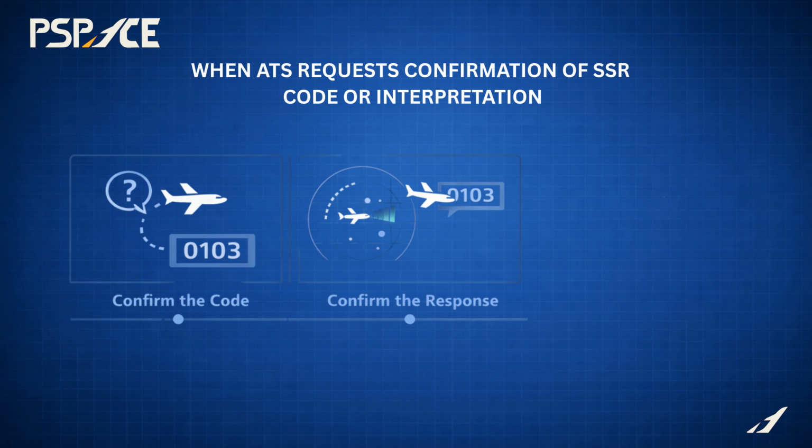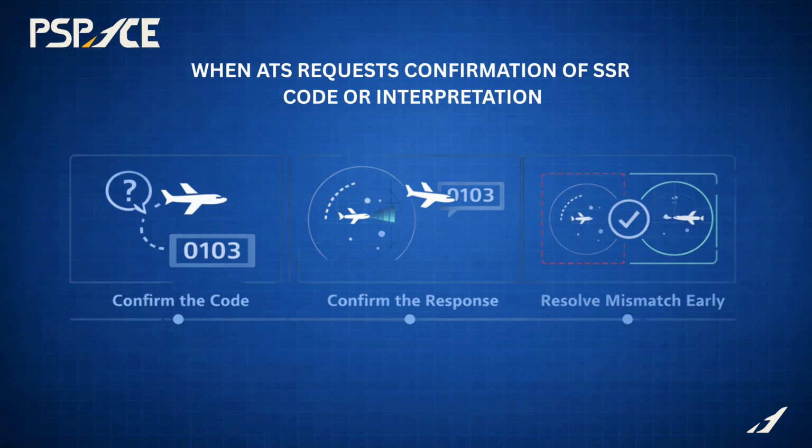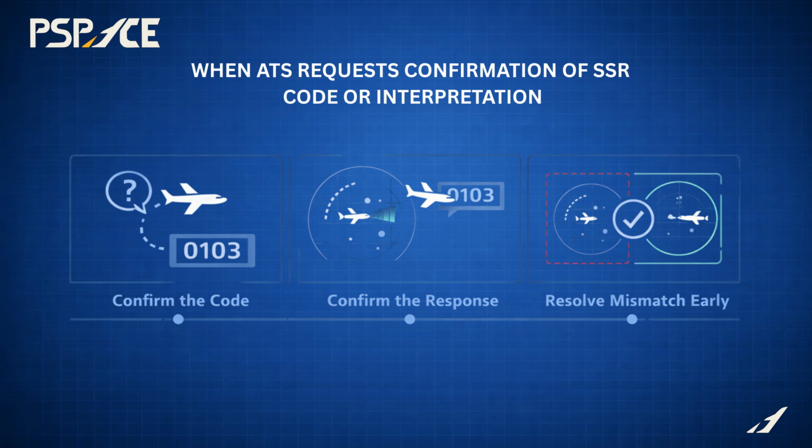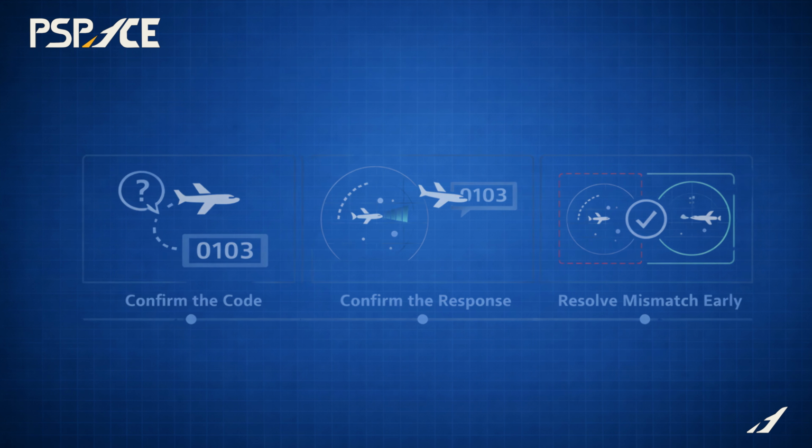The commander must therefore respond clearly and treat the request as a verification step within the traffic management process. If the aircraft and ATS are not aligned about the SSR presentation, that misalignment needs to be identified and corrected early. The safety value lies in restoring a shared understanding before the discrepancy affects identification, sequencing, or conflict assessment.